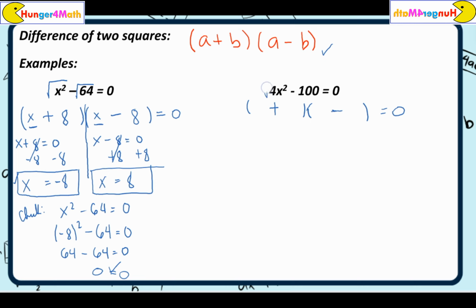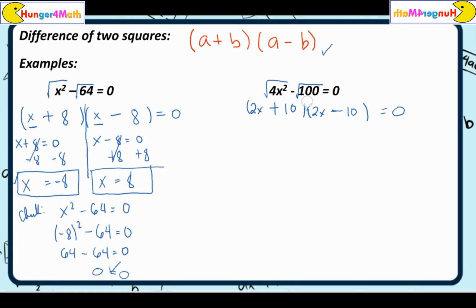We're going to square root 4x squared, and that gives you 2x, and we write it in both parentheses. And the square root of 100 is 10, so we write it once again in both parentheses.